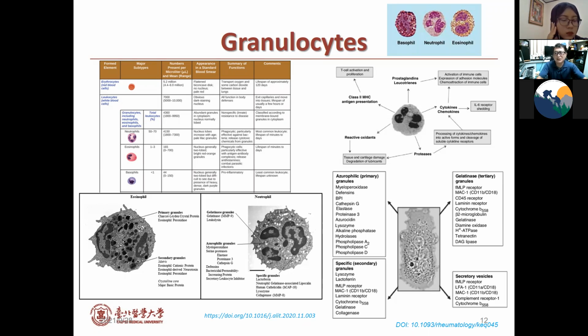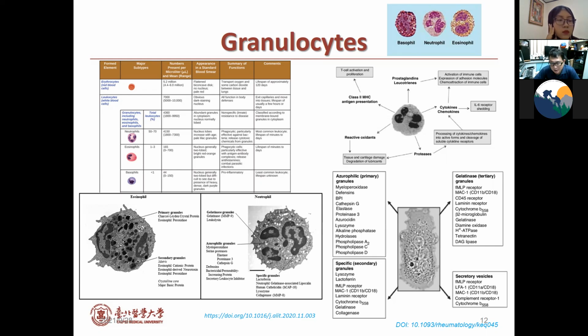This is like a web or a net, which can stop or slow down the spreading of pathogens from the initial site to remote areas. We call this process NETosis.